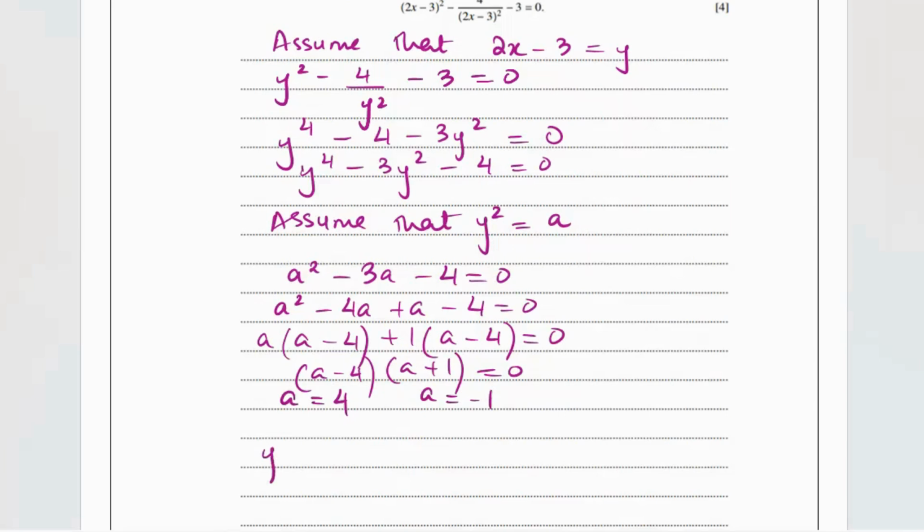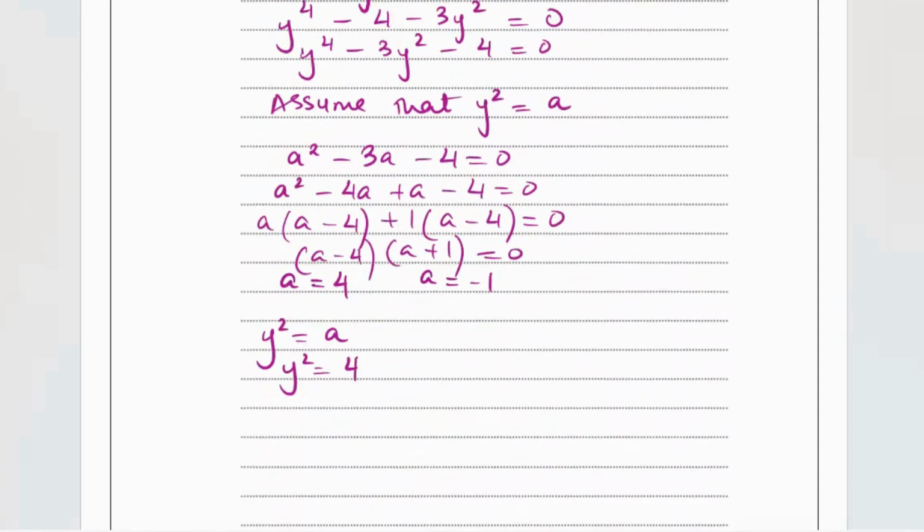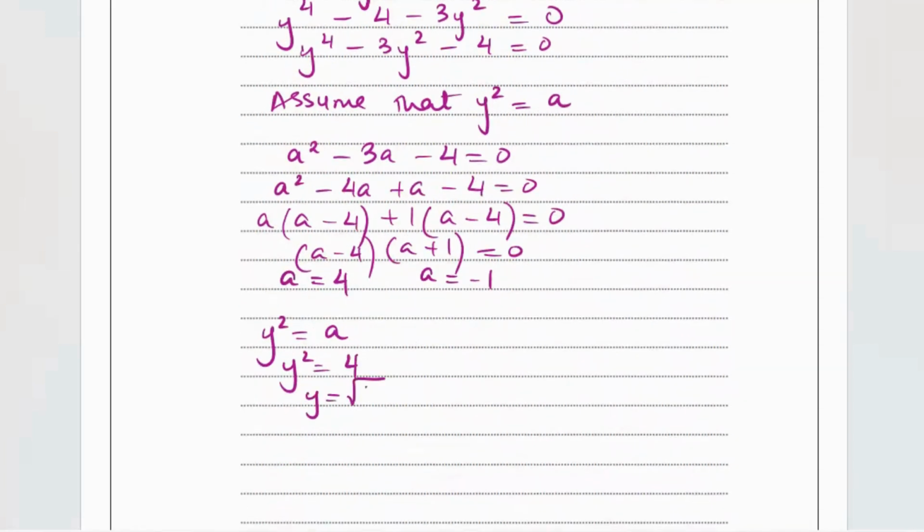So now we put these in y square equals to a. So if y square equals to 4, y would be root of 4, which is plus minus 2. And if y square equals to negative 1, we can't solve that, so not applicable.